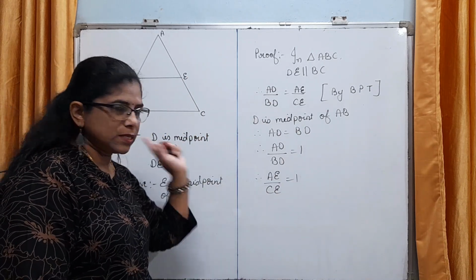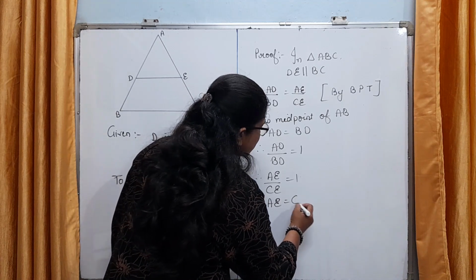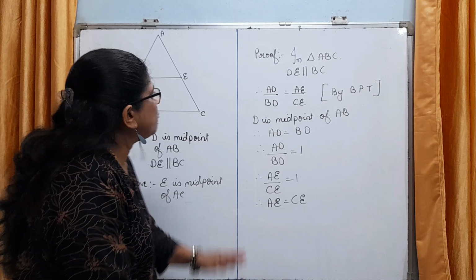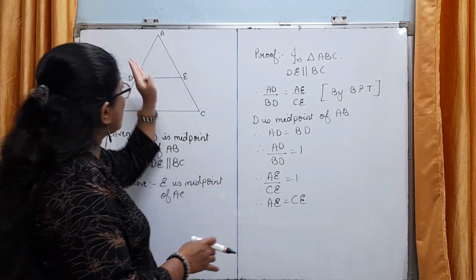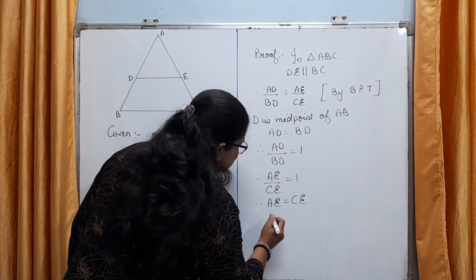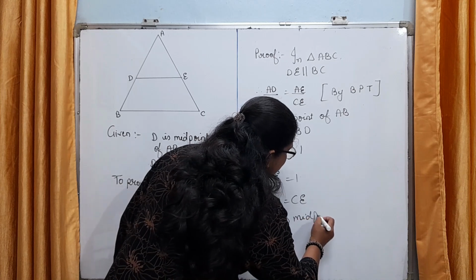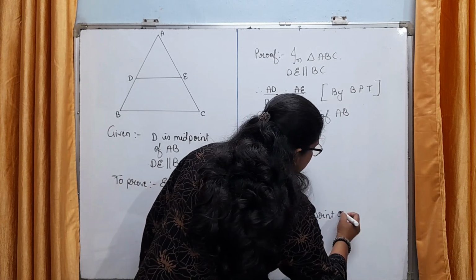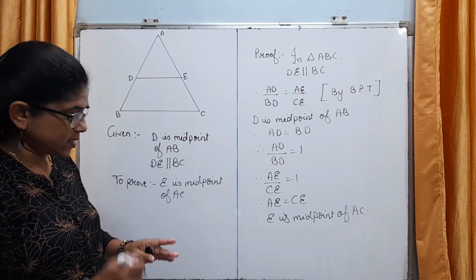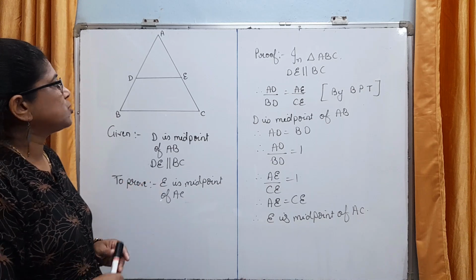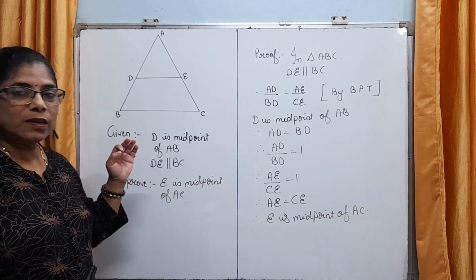And if AE upon CE is equal to 1, therefore AE is equal to CE. And if AE is equal to CE, this means E is midpoint of AC. Therefore, we can say that E is midpoint of AC. It was so simple, so easy, and one important question from this exercise. So this is how we completed our next question.